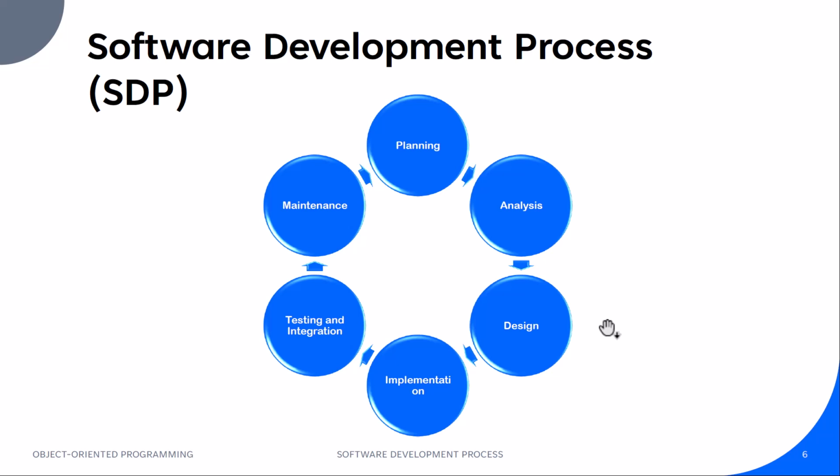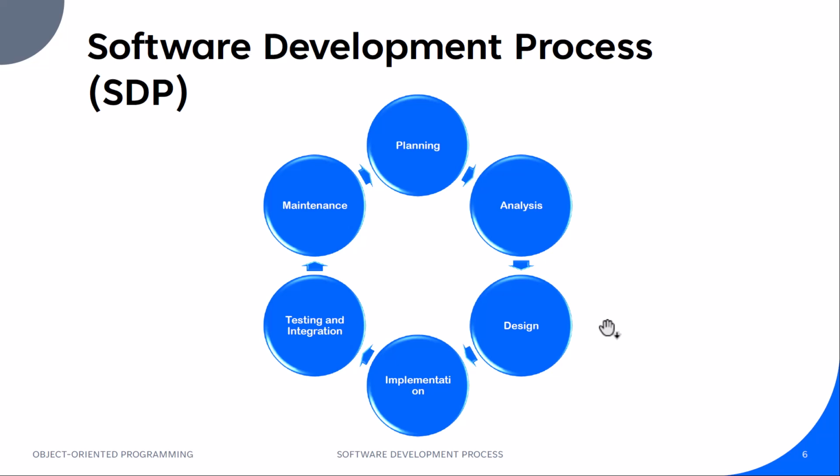Of course, we start our software development process with the planning activity, and then we do an analysis based on the outputs from the planning activities, and develop the requirements. Based on those requirements, we have a design for our software product. Then we take that design and turn it into a software product using implementation.